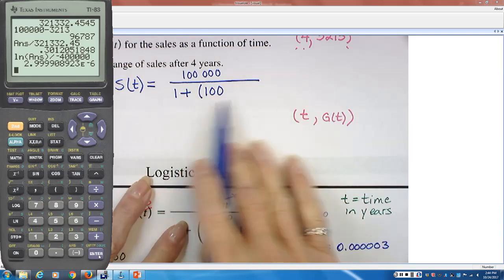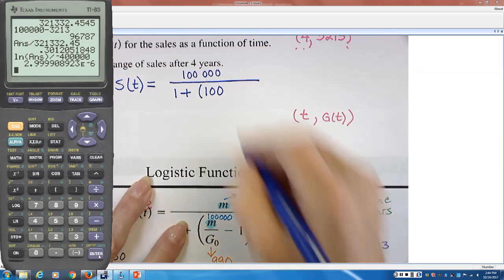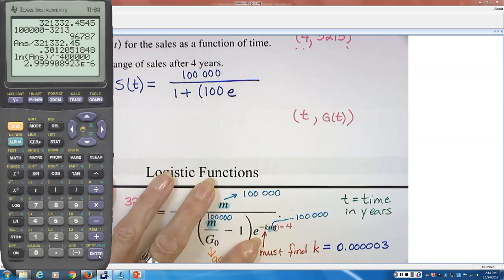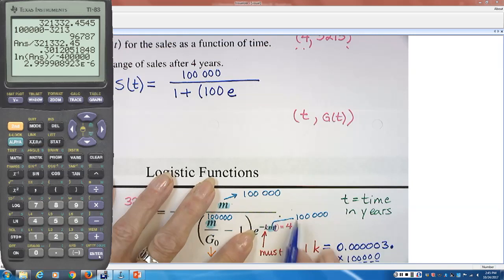Because it was 101 minus 1, which is 100, times e to the 0.000003 times 100,000, which means we're going to move the decimal back 1, 2, 3, 4, 5 places. So it's going to go back out there on the other side of the 3. We'll multiply it by that 100,000 there.